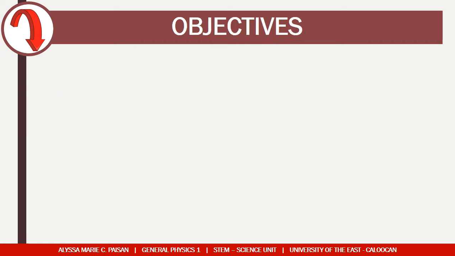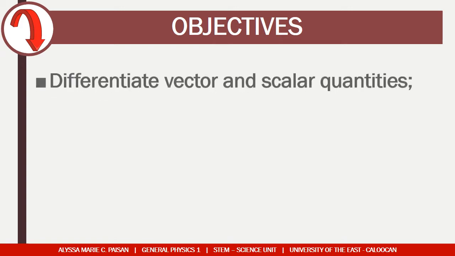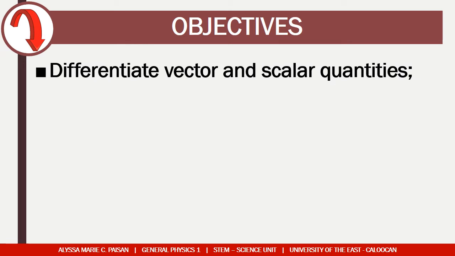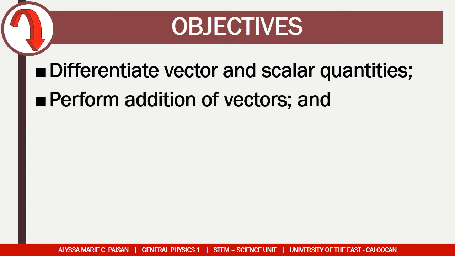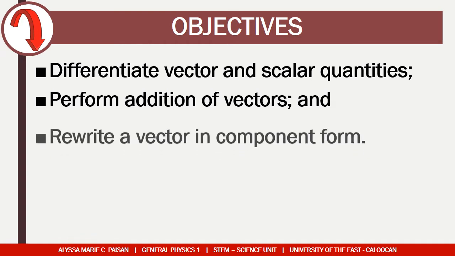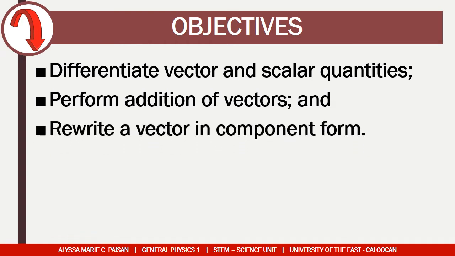At the end of this lesson, here are the things that you should be able to do: differentiate vector from scalar quantities, perform addition of vectors, and lastly, rewrite a vector in component form.